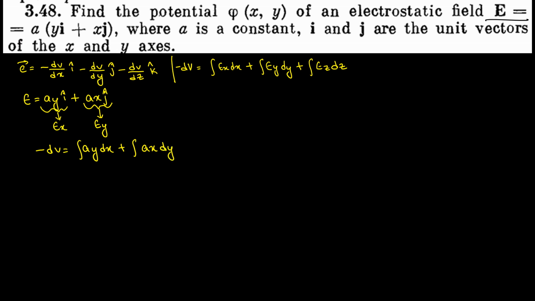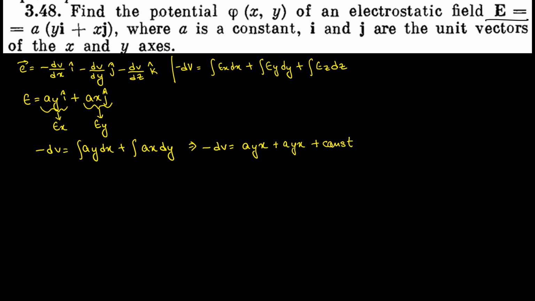When I integrate this, what will come out? Minus dV is equal to, if I integrate, Ay into x. Here Ay is treated as constant, since anything apart from x is treated as constant. Similarly, for the second term, anything apart from y is treated as constant. So if I integrate this, it would be Ayx plus some constant.